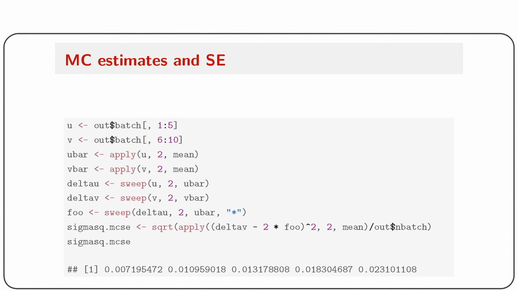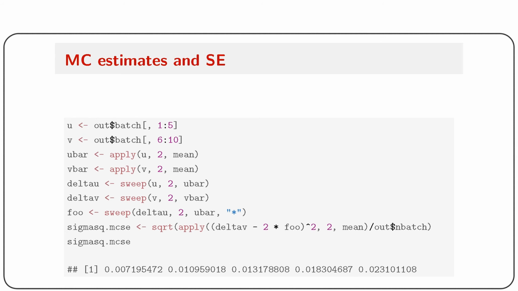Then u bar is the column mean of u, v bar is the column mean of v, and delta tau is obtained using the sweep function, sweeping v by v bar column-wise, and delta u is sweeping u by u bar.